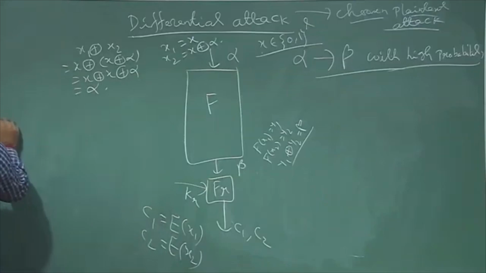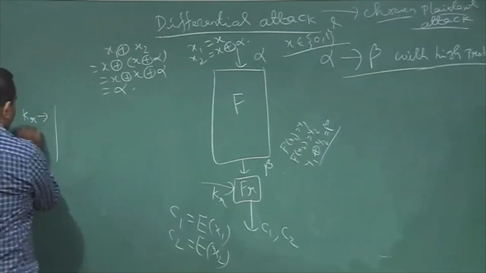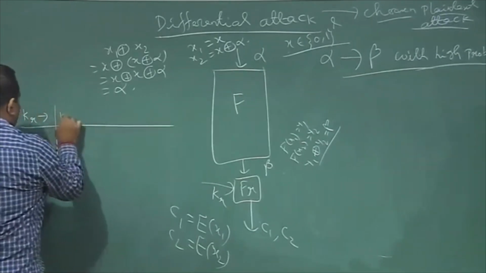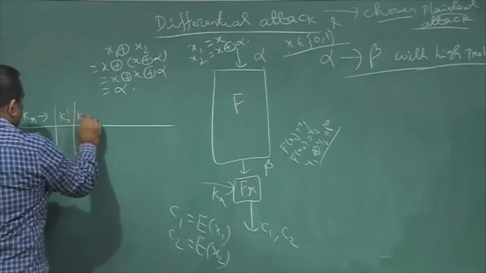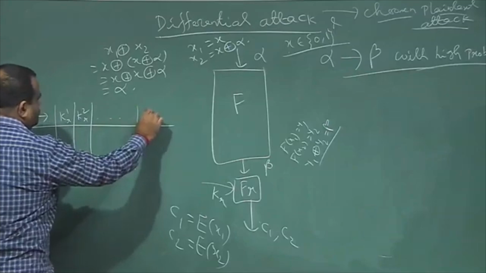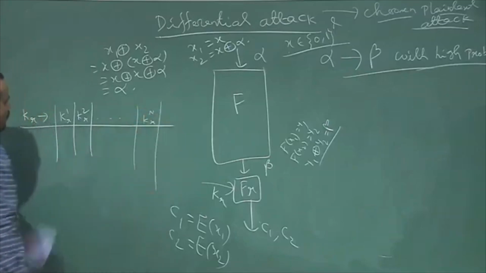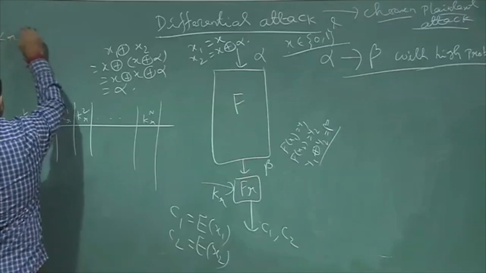KR we can take all the possible values: KR1, KR2, like this, up to KRn.